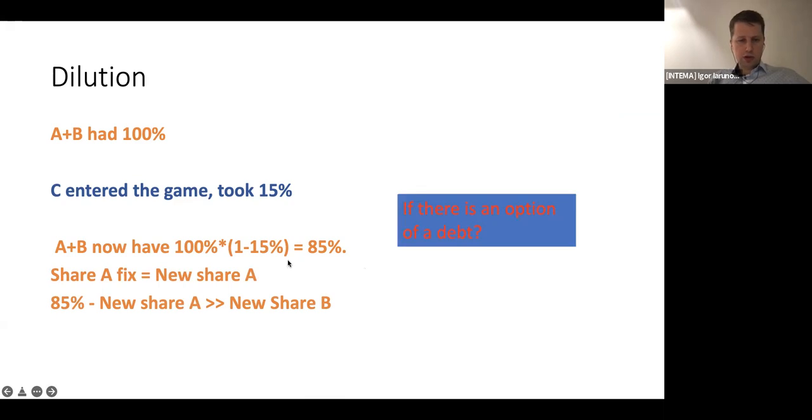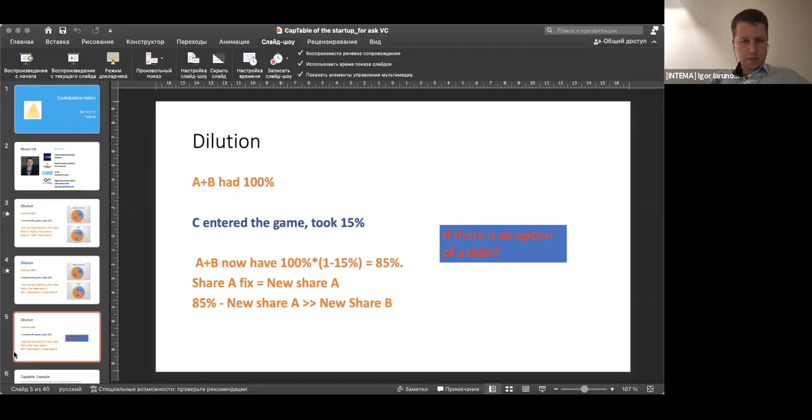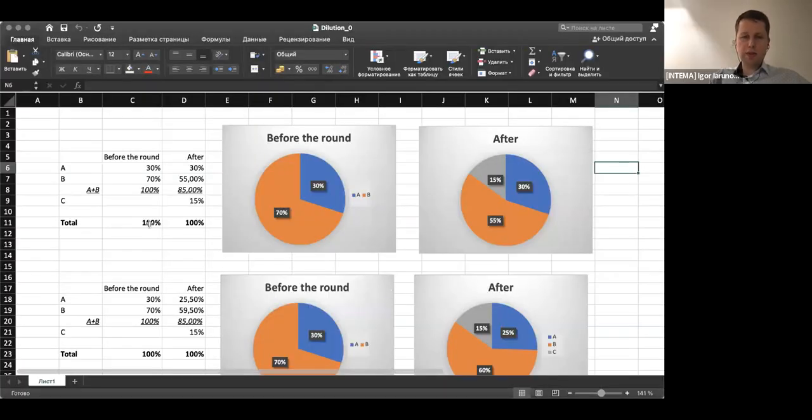So let me switch to Excel. You can find this dilution example in the file dilution 0. I think it's quite an obvious example.